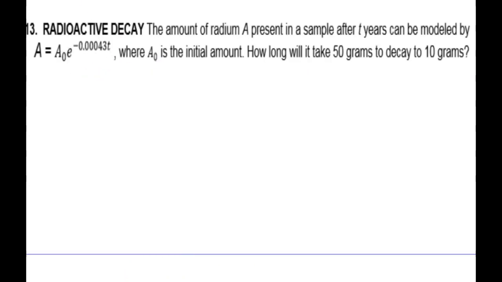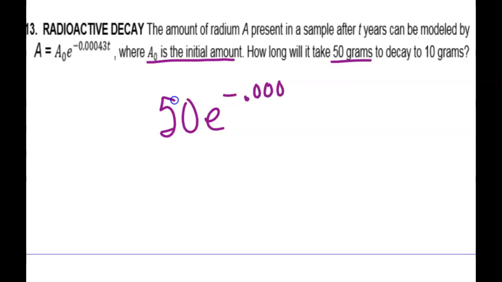So, all right, this is an application. The initial is the initial amount, so we had initially 50, and they gave us this lovely equation, and we're trying to get it down to 10.